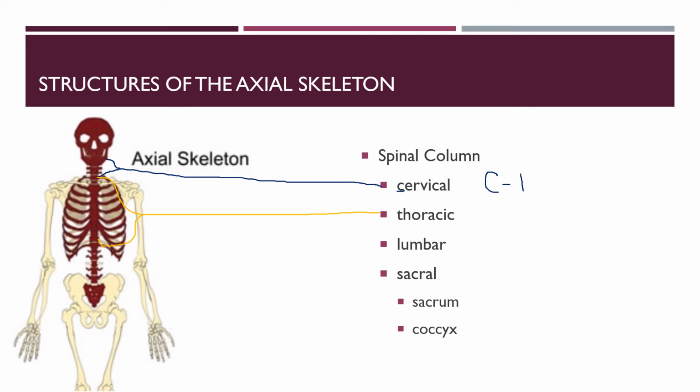So the first one would be T1, then T2, T3, T4, T5, on down. So thoracic is chest, and they are called T and whatever number it is, starting superior to inferior.